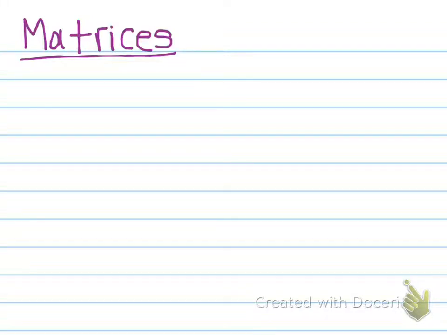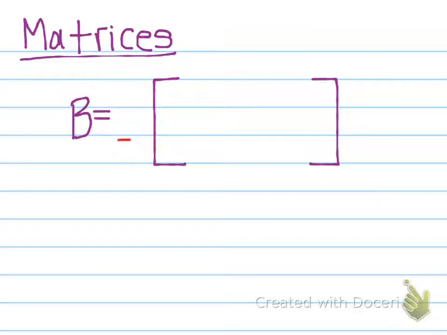A matrix is a rectangular array of terms which is filled up of elements. And we label our matrix by rows and by columns. For example, if I let this matrix be called B, then B equals, and when we would label this, we would have rows along the side and columns up top.